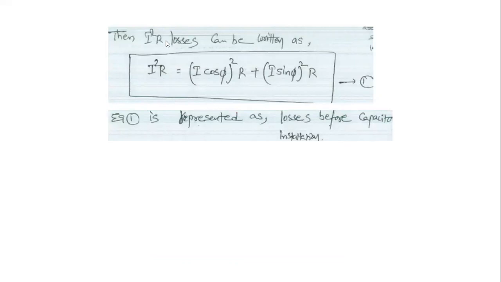Therefore, the I squared R losses can be written as I squared R equals (I cos phi) squared into R plus (I sin phi) squared into R. Consider this as equation number 1.